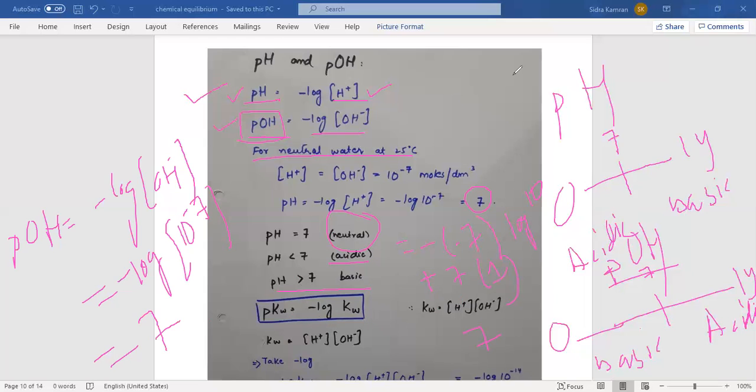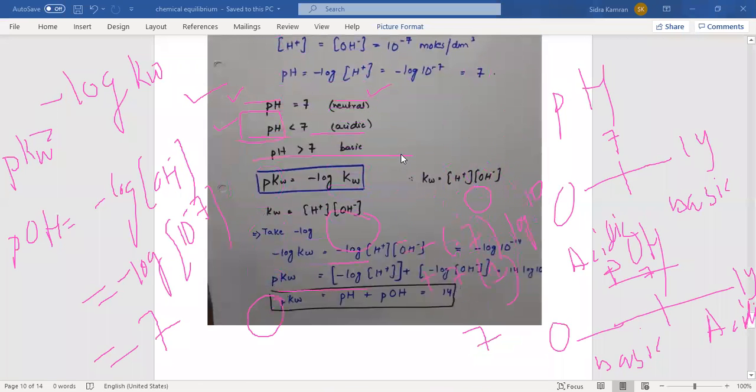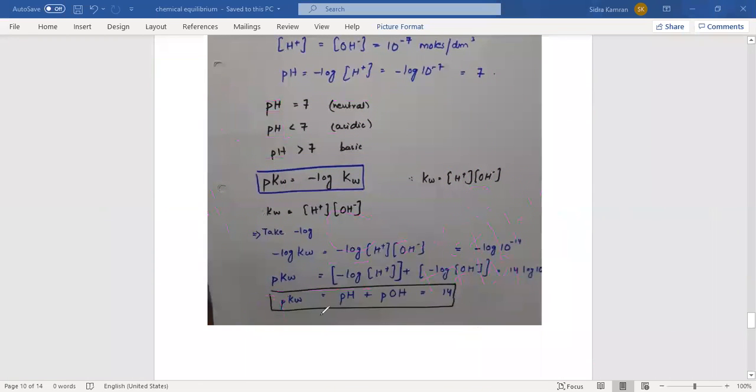If you take the negative log of the ionic product of water, it will be equal to pKw. pKw is the minus log of Kw. As we know, Kw is the ionic product of water. Taking negative log on both sides, negative log Kw, negative log of H positive and OH negative ions.